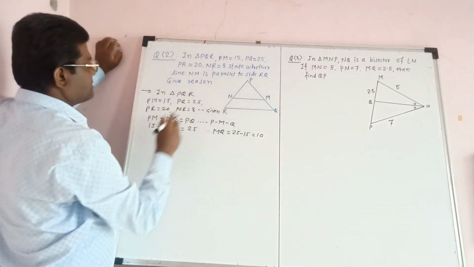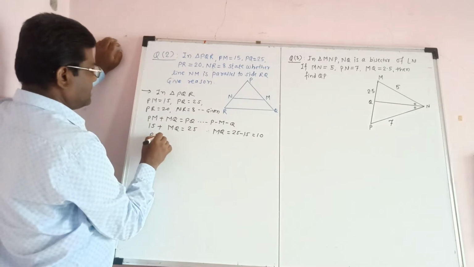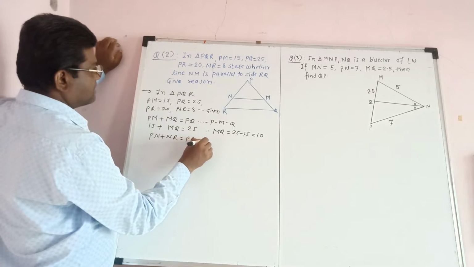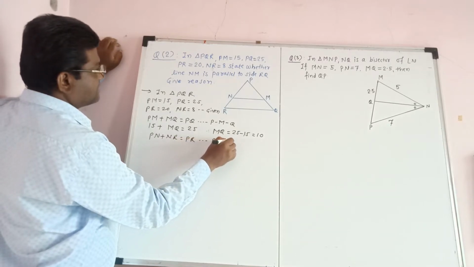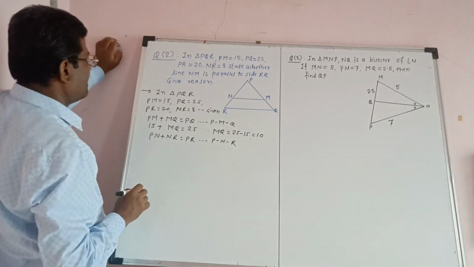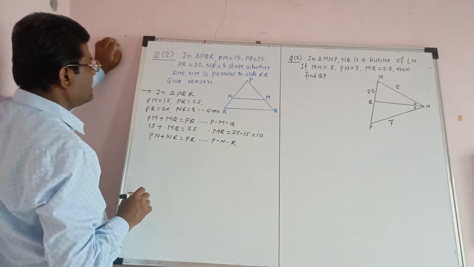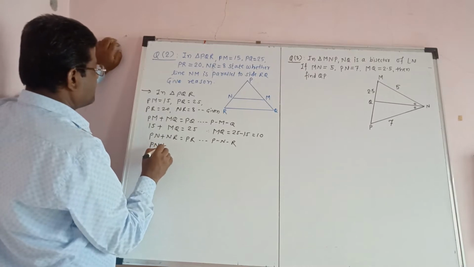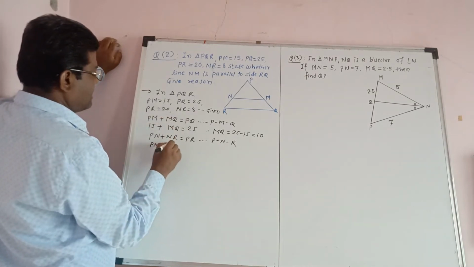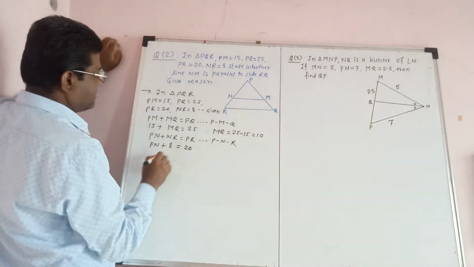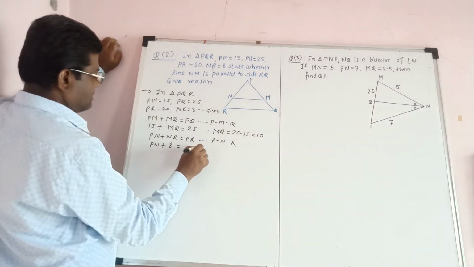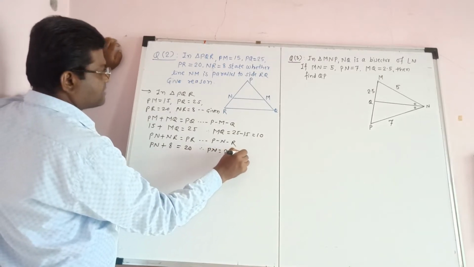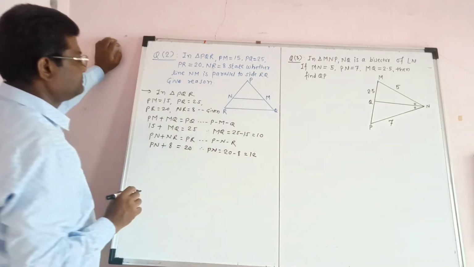Now on this side, PN plus NR is equal to PR. The reason is P-N-R. The value of NR is 8 and the value of PR is 20. Therefore PN is equal to 20 minus 8, is equal to 12.